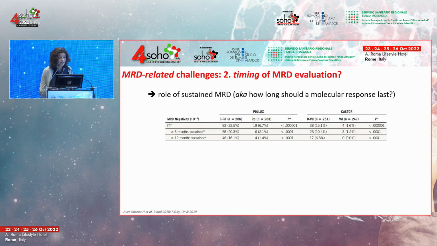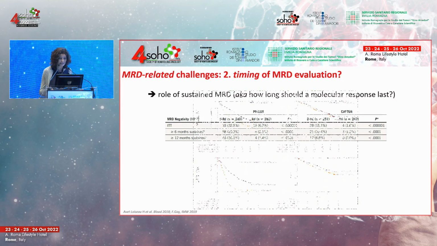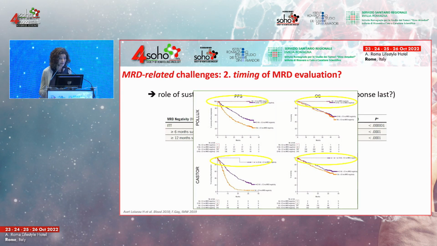In fact, it has been demonstrated that MRD negativity impacts patients' prognosis, particularly when it is sustained for at least 6 or possibly 12 months, as shown by these survival curves.